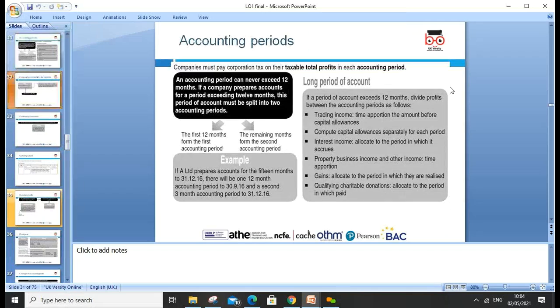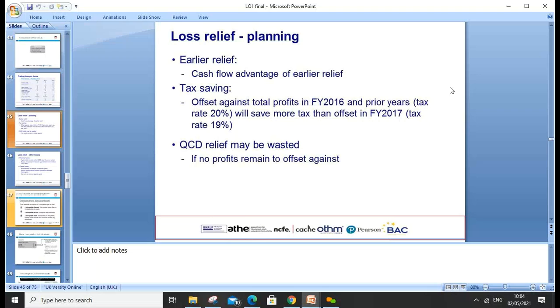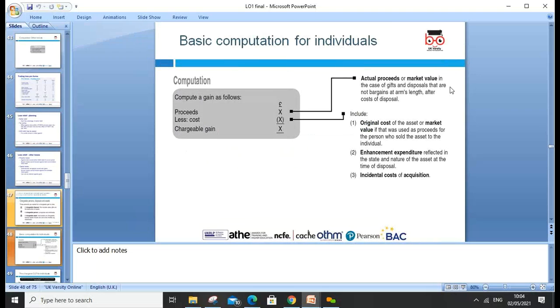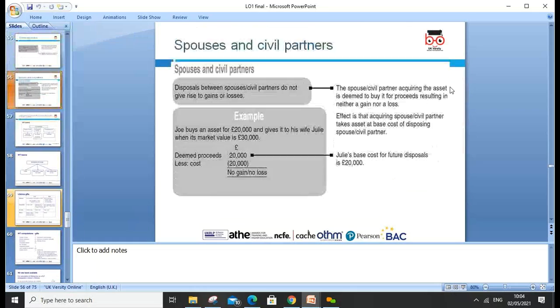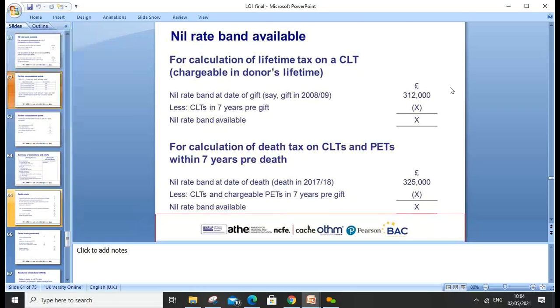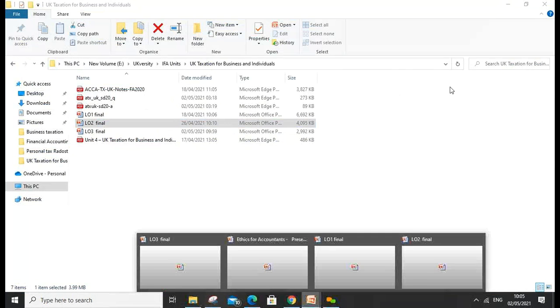Then accounting periods, and reliefs as well. Basic individual self-assessment we discussed in the lesson, and that was the key message in lesson 1.